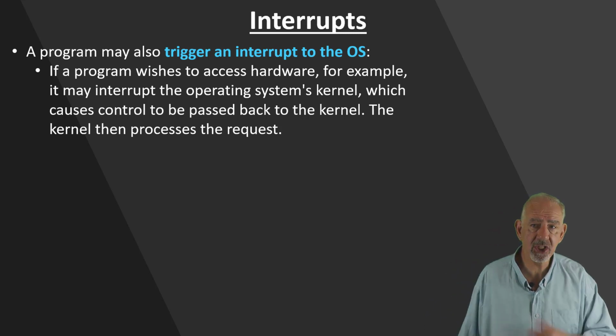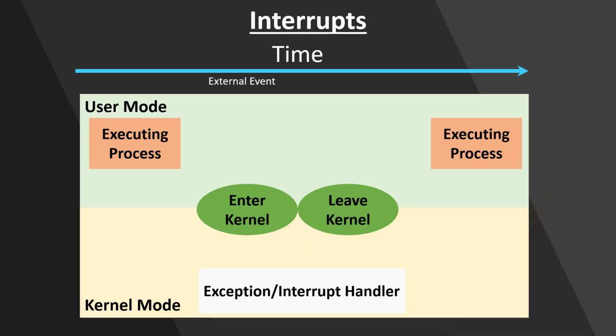And we can see here, in the diagram, over time, we have user mode, we have external events, and we have two processes there. And we've got our exception handlers or interrupt handlers going on there. So we're executing a process, and then we have an exception. Something goes wrong. Maybe the user types in something that's not understood. And what happens is that an interrupt is then sent into the kernel.